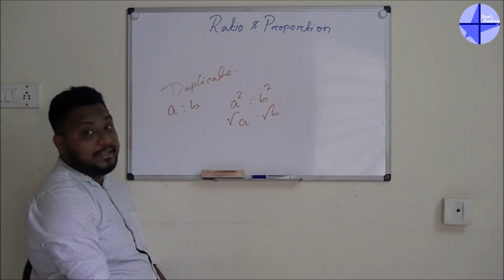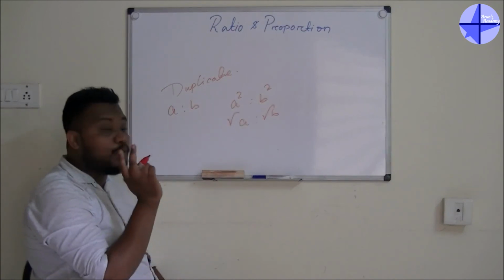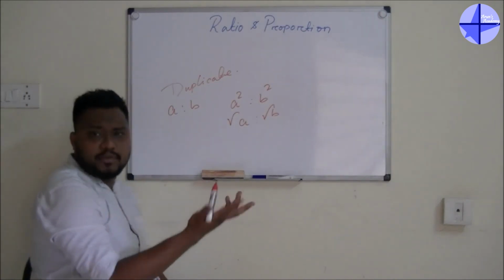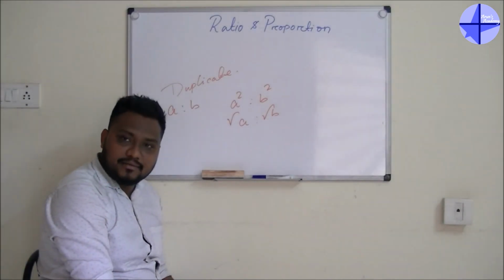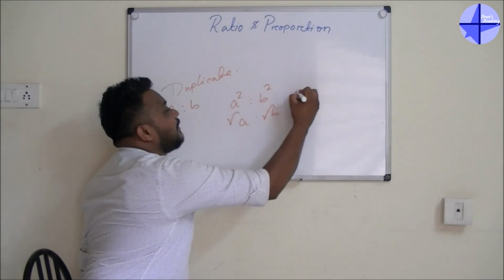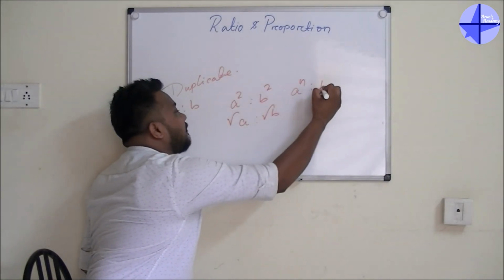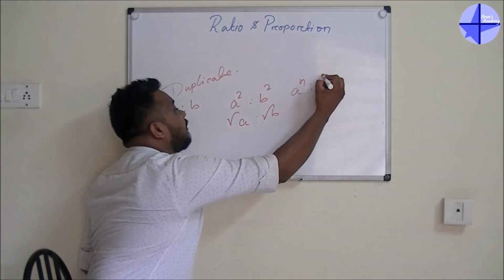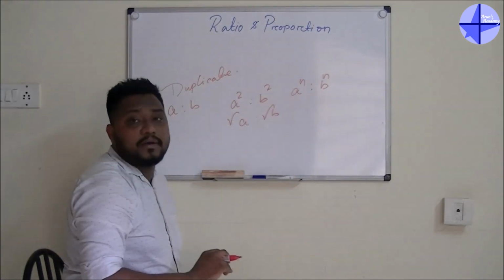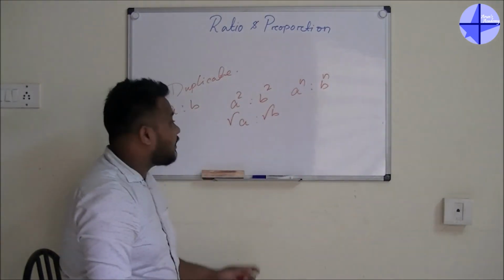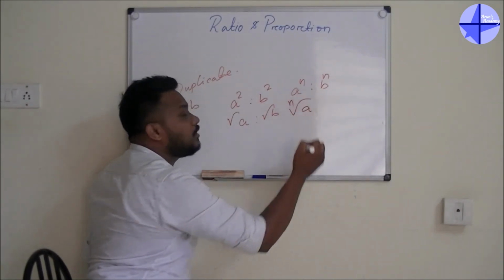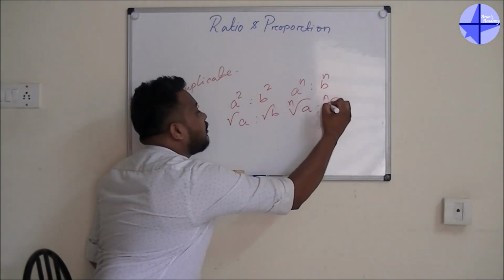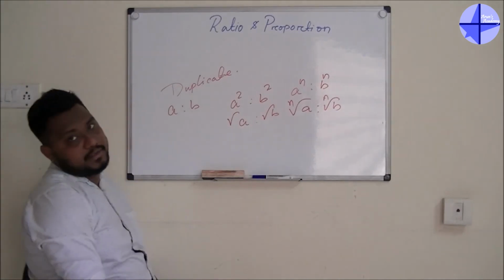Guys, I took the power as 2 and 1 by 2, since square root means power 1 by 2. Whatever the power, I can write here A to the power n is to B to the power n, that is also a duplicate ratio. The nth root of A is to the nth root of B is also a duplicate ratio.